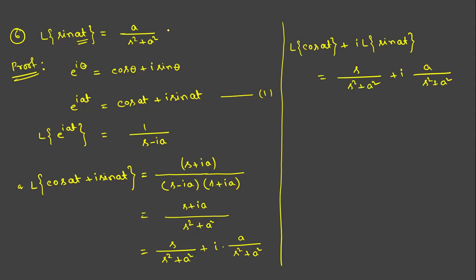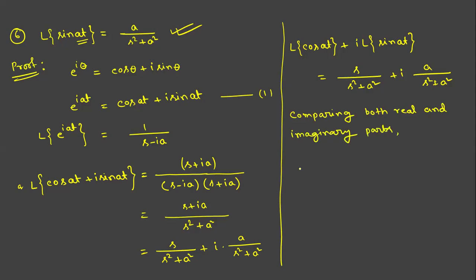Our question is just to prove the formula for Laplace of sin at. But here I have already proved the Laplace of cos at as well as sin at. If you compare both real and imaginary parts, what are you getting?